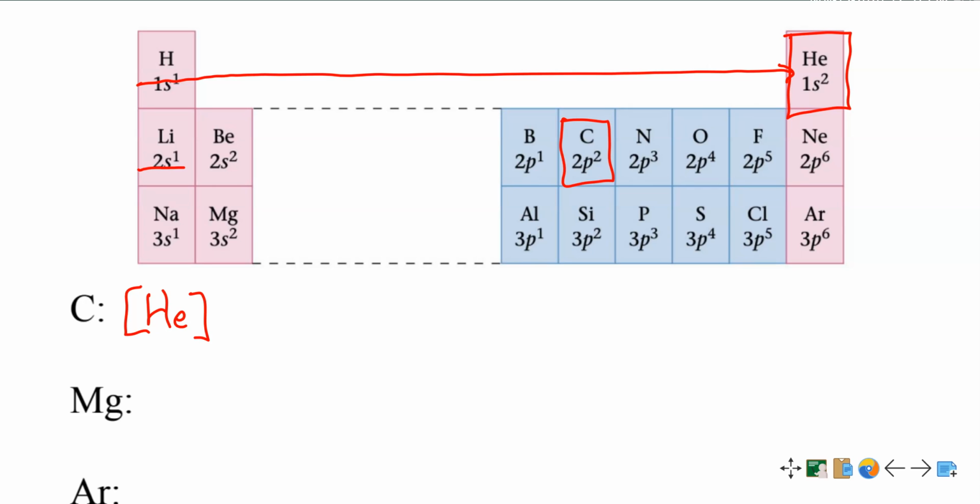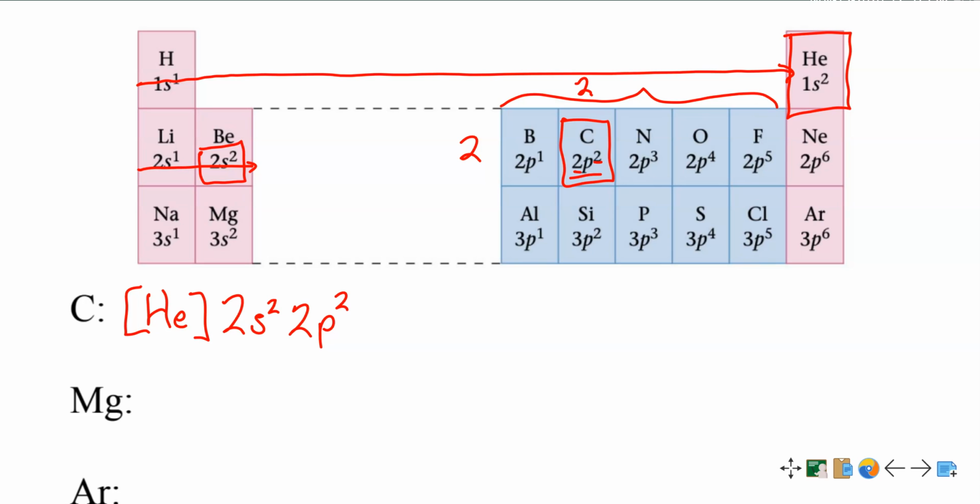Now I have to go through the S block, so I'll use the last S configuration, which is 2s2. Then carbon is 2p2. I know this because it's in the P block, in the second column, and in the second row. So that's where that 2 and 2 come from. So that's the noble gas configuration for carbon.